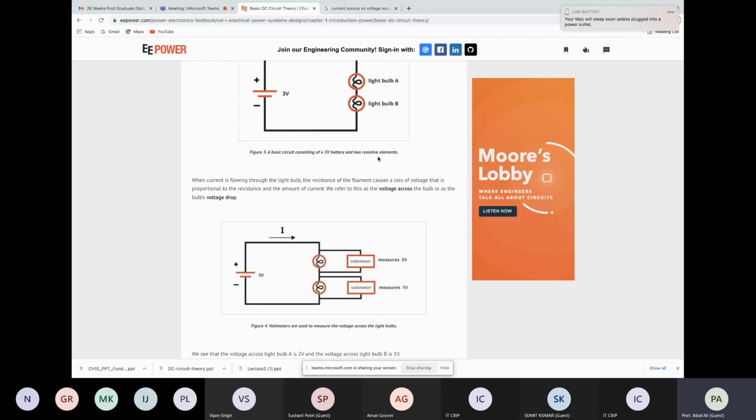Okay, you can see the voltage across bulb 1 is coming out to be 2 volts, and across bulb 2 it is coming out to be 1 volt. So it is because of the difference in their resistances, because current is the same because they are connected in series.